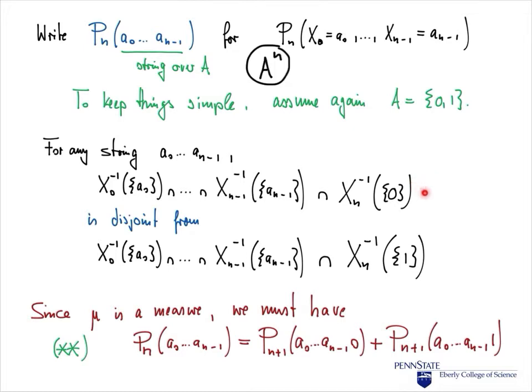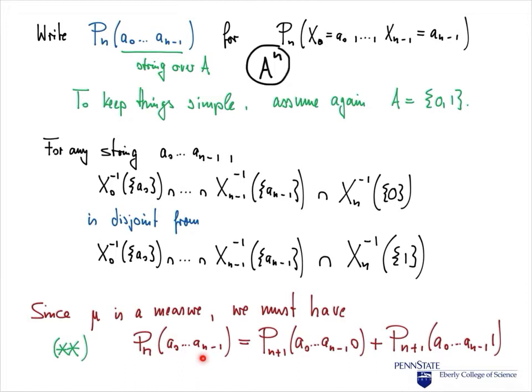So that means, since mu is a measure, it's an additive set function. That means here this probability, which is exactly the mu measure of this set here, plus the probability here, which is the mu measure of this set, together they add up to p_n of a0 up to a_{n-1}, right?